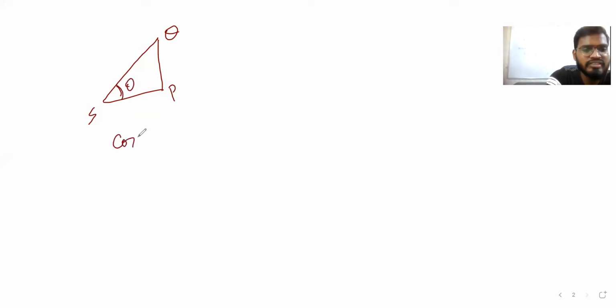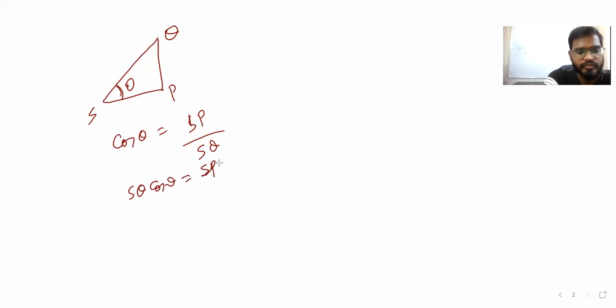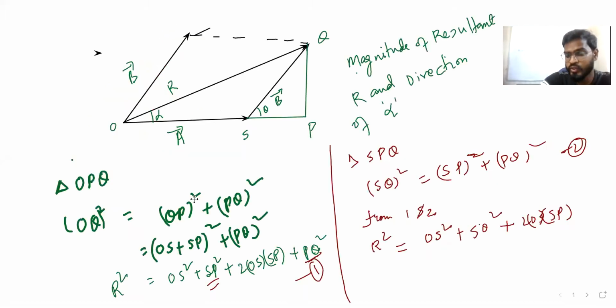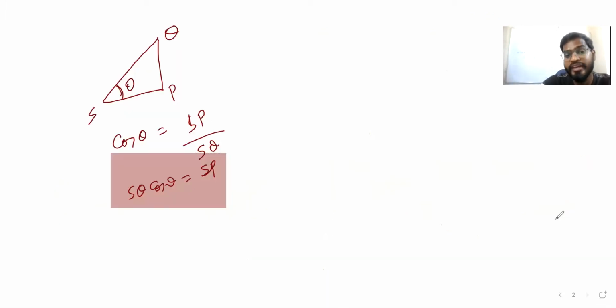If you write cos theta, then perpendicular, base by hypotenuse, right? SP by SQ. So we can say SQ cos theta is equal to SP. Easy, we understand.